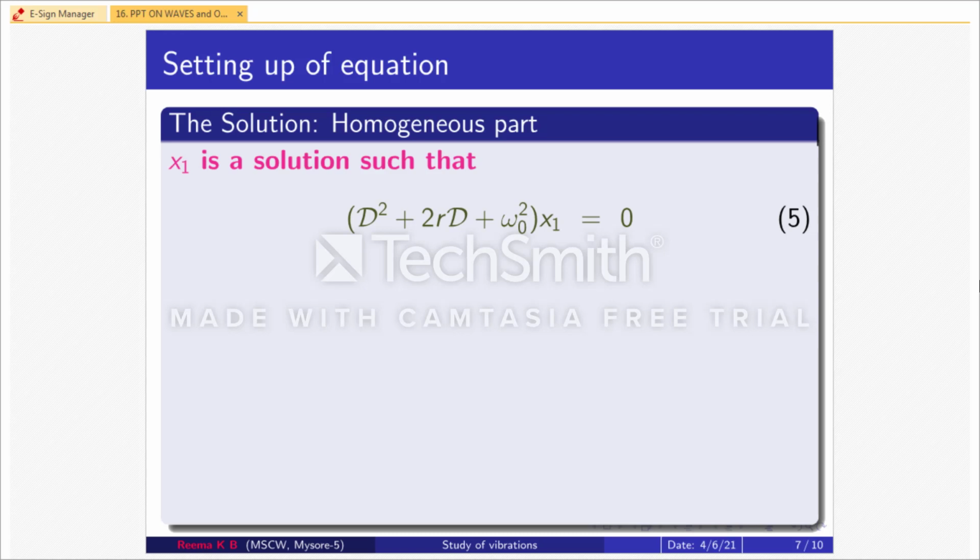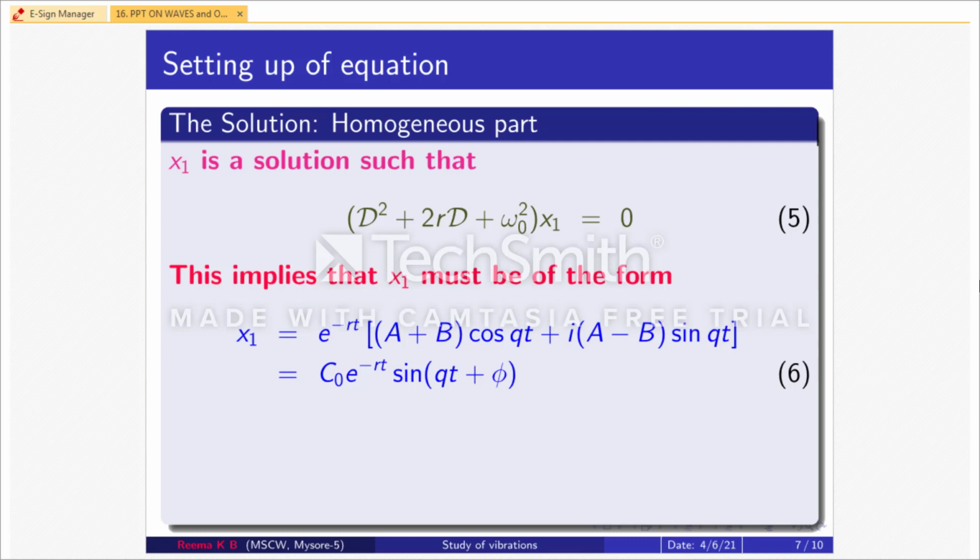The solution for the homogeneous part x1 is a solution such that (D² + 2rD + ω0²)x1 = 0. Let's consider this as equation 5. This implies that x1 must be of the form x1 = e^(−rt)[(A + B) cos(qt) + i(A − B) sin(qt)].